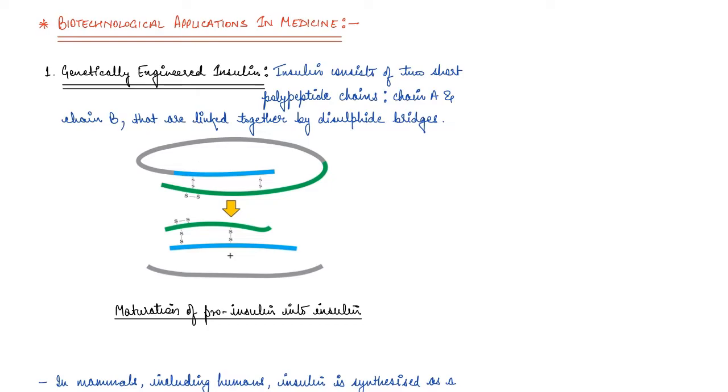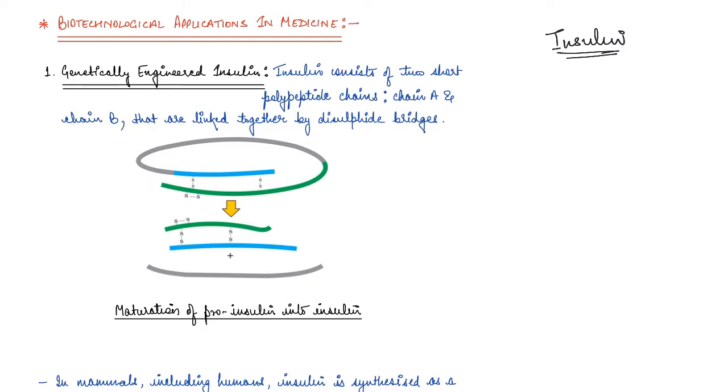Now, the first example is of insulin, right? So genetically engineered insulin. For people who are suffering from diabetes, they are given doses of insulin at regular time intervals.